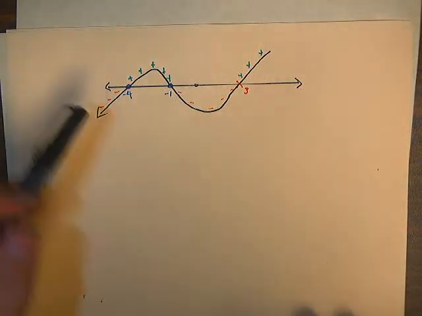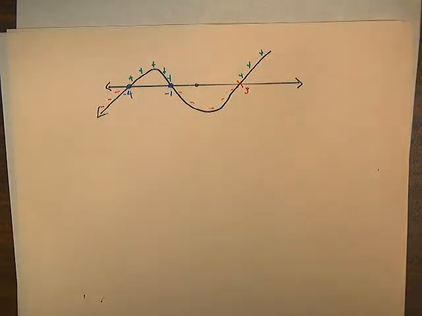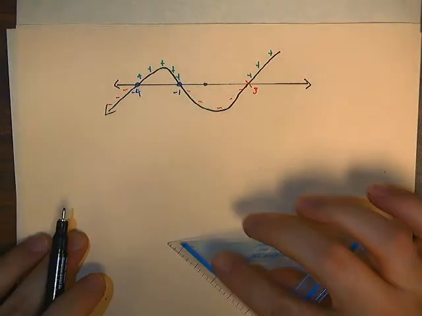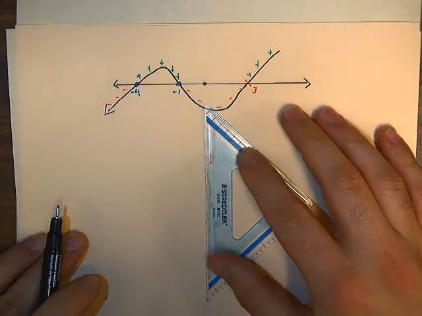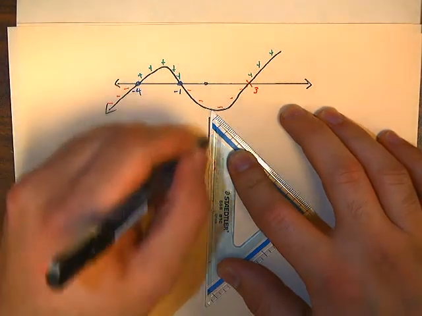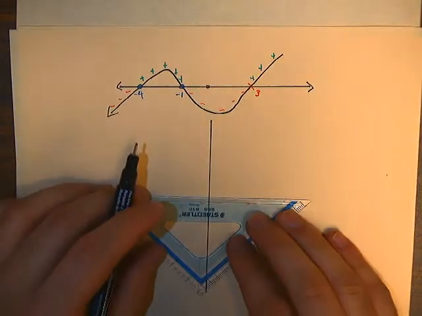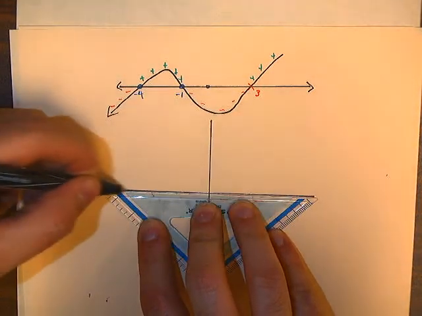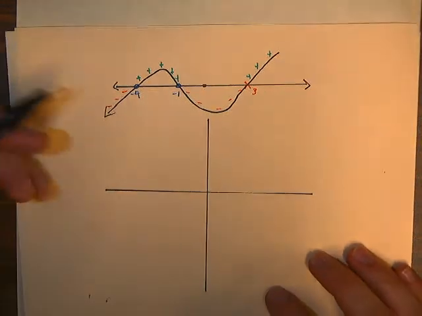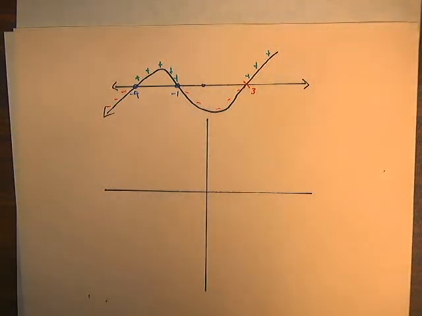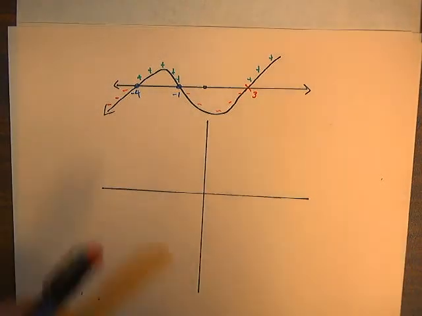So I have my zeros, I have my vertical asymptote. Now it's time for me to start my graphing. I'm going to lay this right underneath it just to line up nicely. I have one coordinate axis, and there's the other coordinate axis. Now I'm going to put my zeros and vertical asymptotes right on this graph.